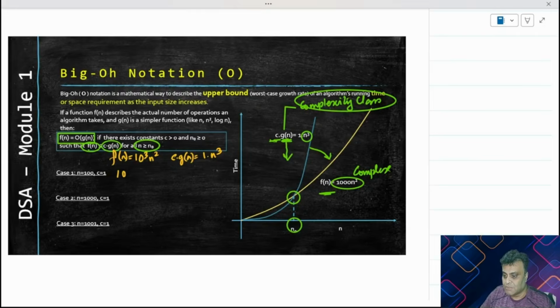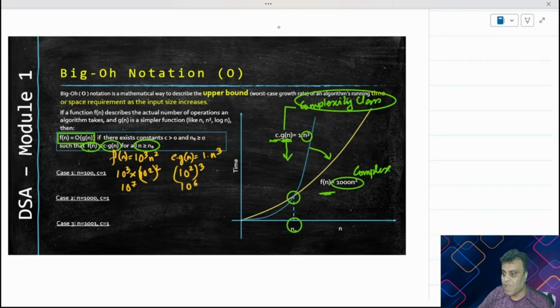So this becomes 10 to the power 3 into 100 squared, because you have n square. So this becomes 10 to the power 7. If I take c·gn, c is 1, and my n is 100, which is 10 square, cubed, which translates to 10 to the power 6.